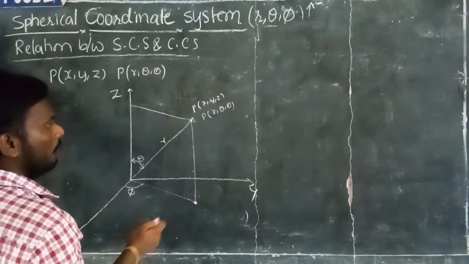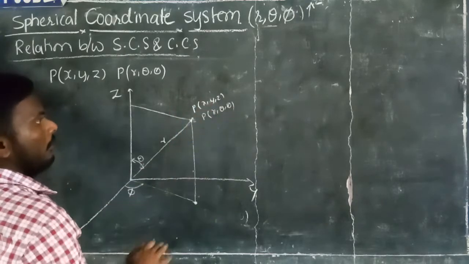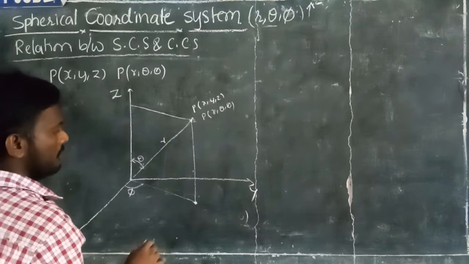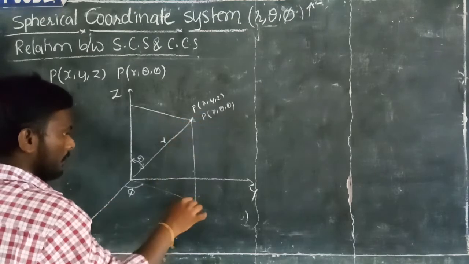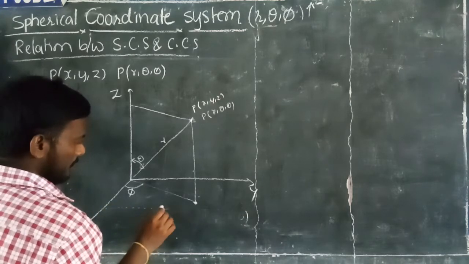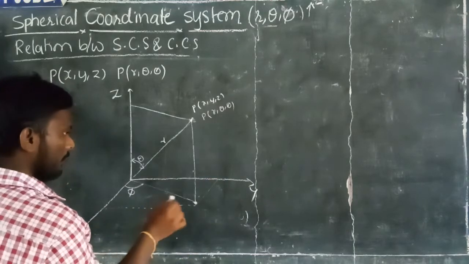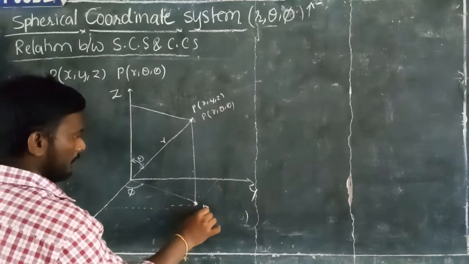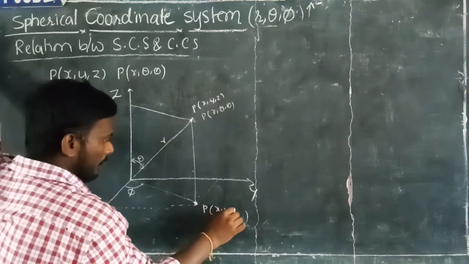Now how can you relate the spherical coordinate system point in the Cartesian coordinate system? Just by bringing this point downwards, you will get the x, y plane if you mark like this. And this point has x comma y comma z units.